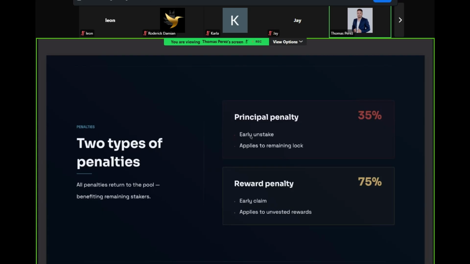But more importantly, both are redistributed into the pool. So they are not gains for the protocol or whatever, they are directly fueling the pool where you are staking, making all the other stakers very happy. So penalties don't disappear. They benefit other participants.